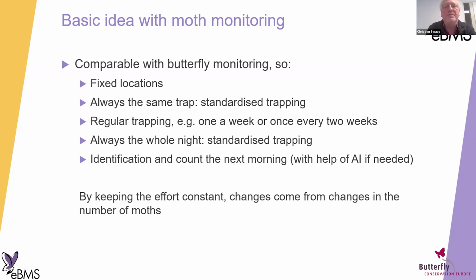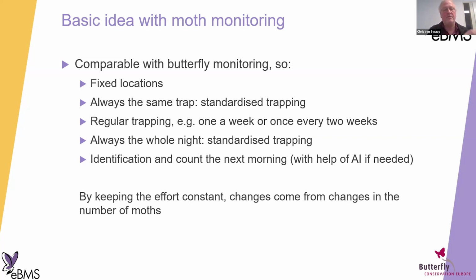It's also important to standardize the length of the trapping. So what we principally do is trap the whole night. An ID can be done the next morning. You can make photos of all the moths inside, which is good to save for future analysis or identification, but you can also use the AI, which is also available.